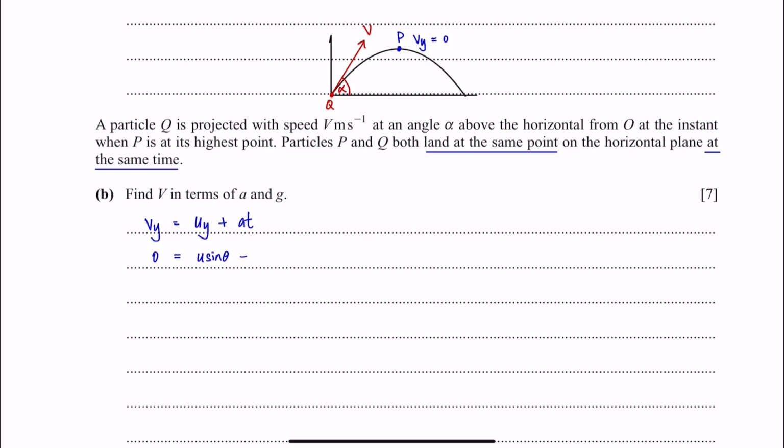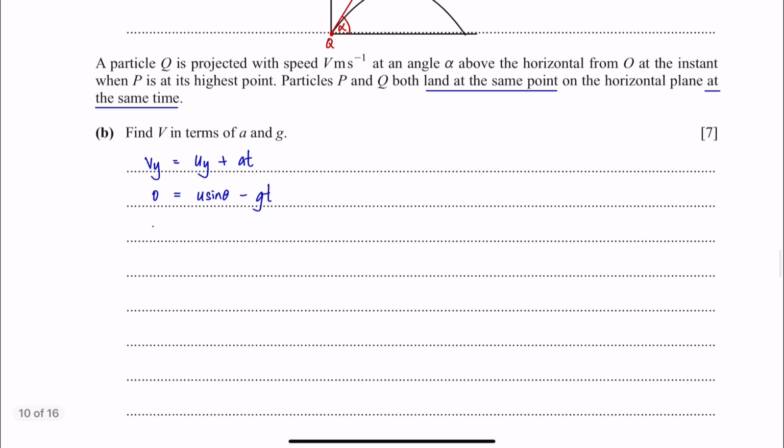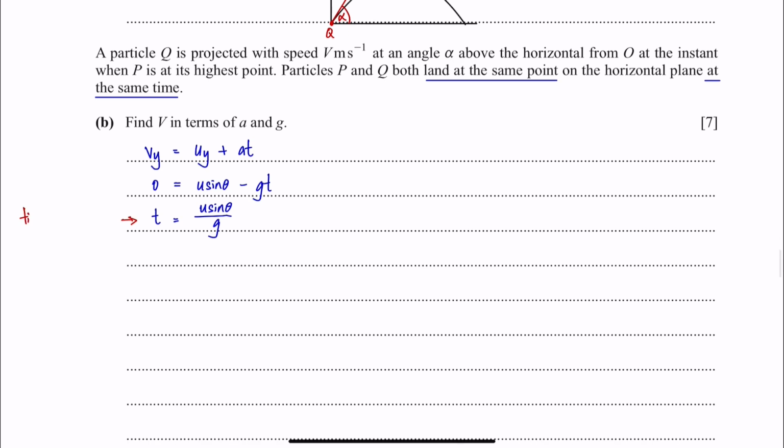Acceleration would be negative g, and the time t here is the time to reach the top, so t is equal to u sine theta over g.